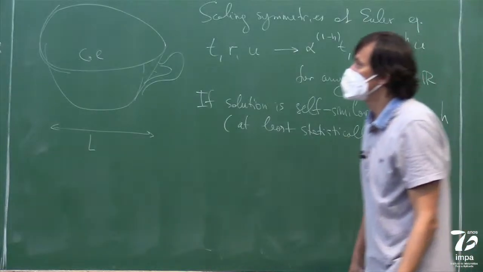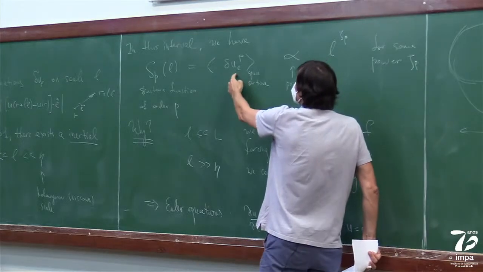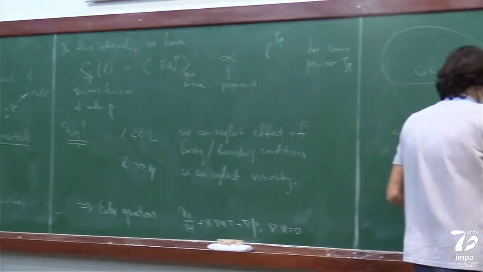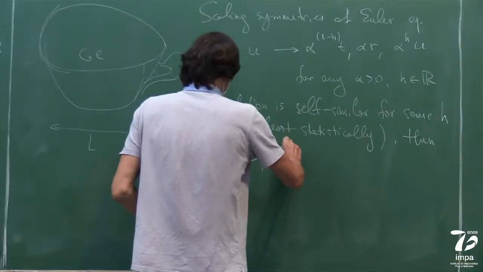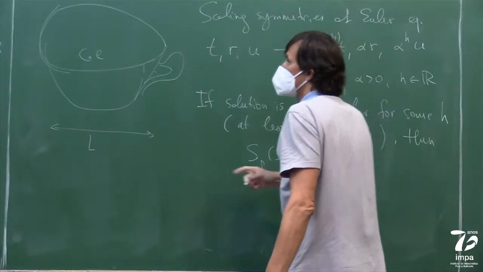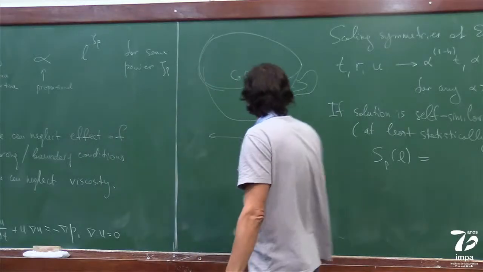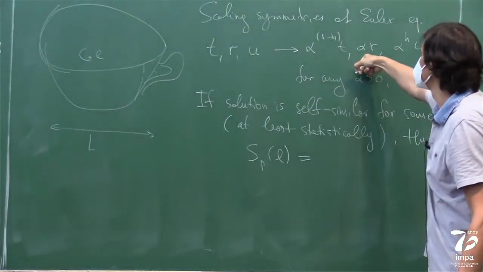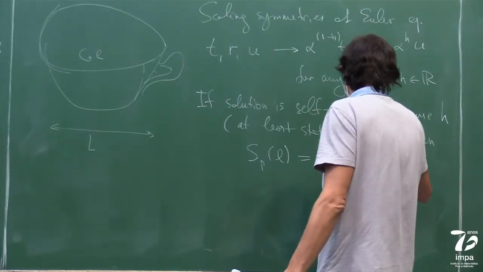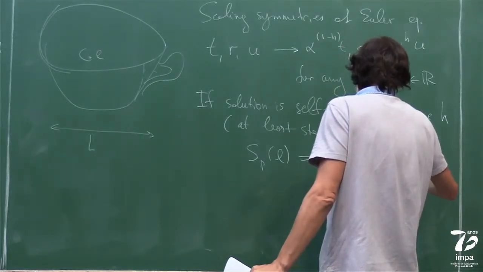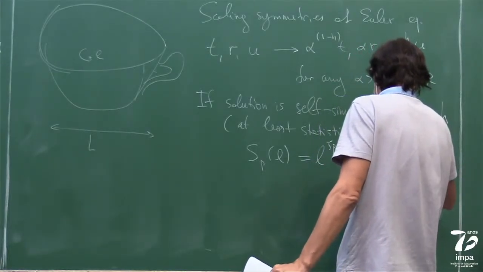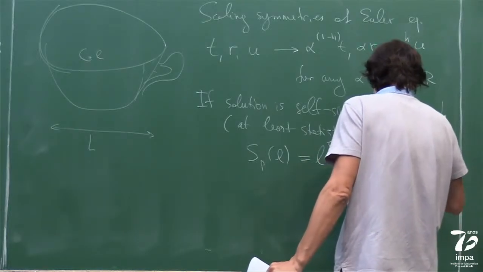So automatically, u to the p will change as u to the power ph, which means that the only power law that you can put here, which will be in agreement with the symmetry with given h, is l to the zeta p, where zeta p is h p, linear in p.